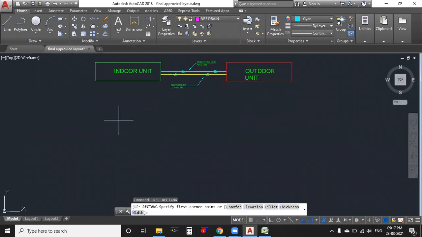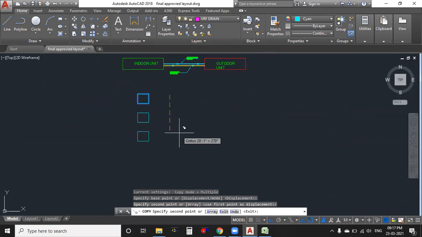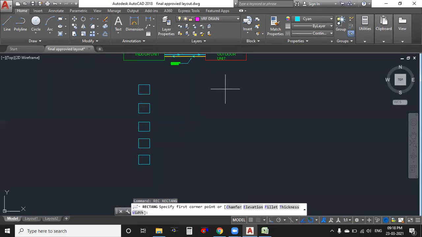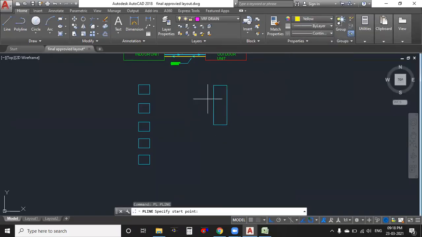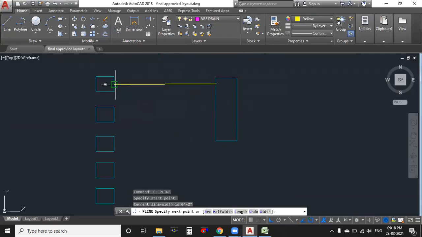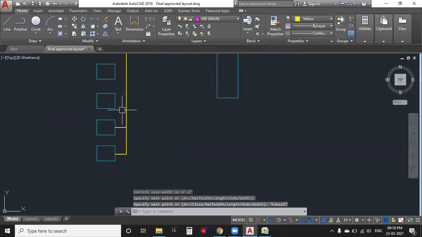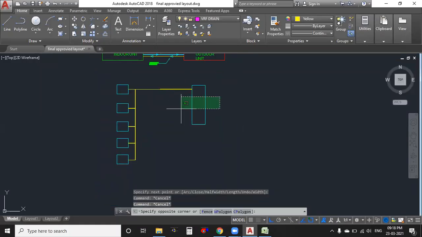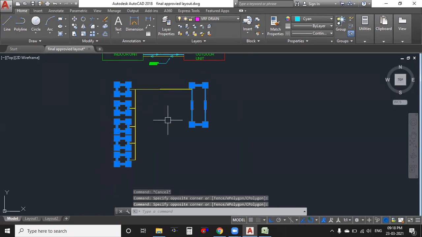We have a number of indoor units, and we connect all of them with one outdoor unit. See, only one outdoor unit, with a number of indoor units.